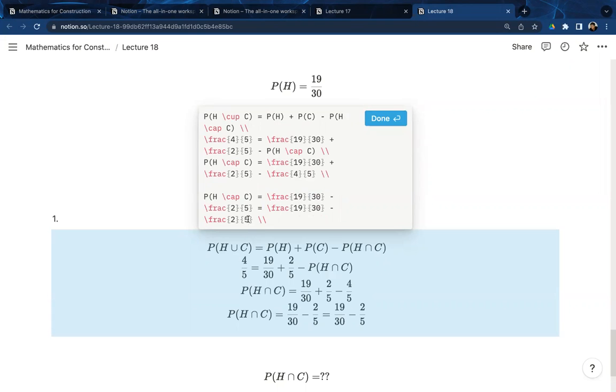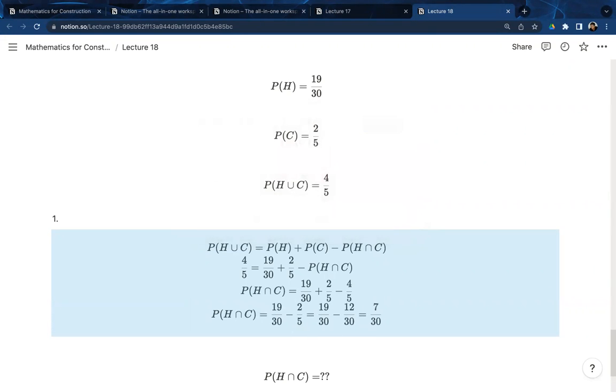So multiply above and below by 6. It's 7/30. That's the answer for the intersection.